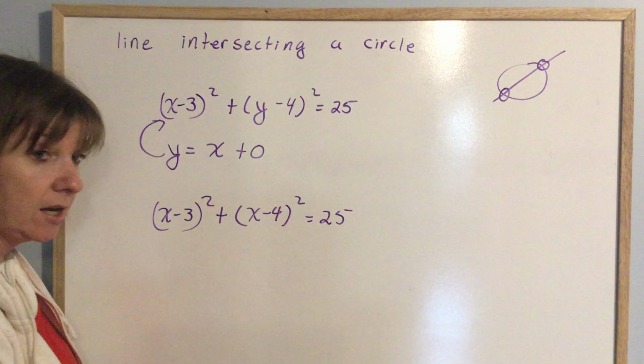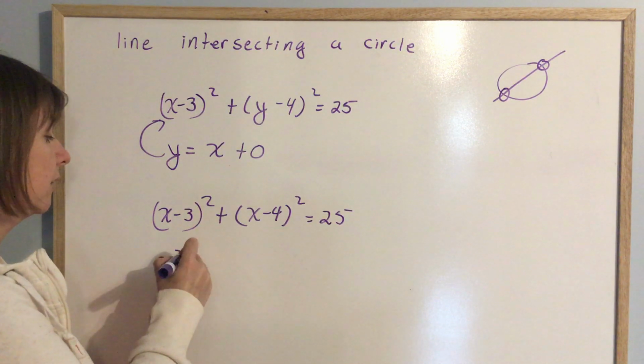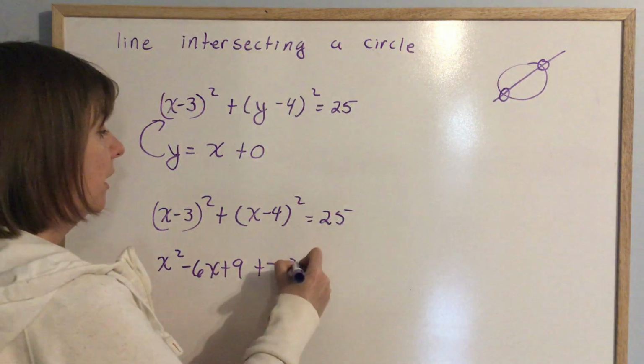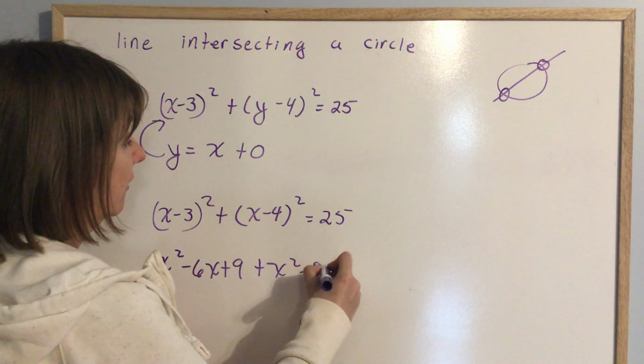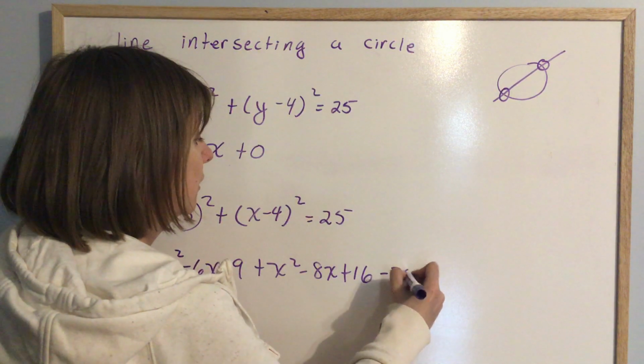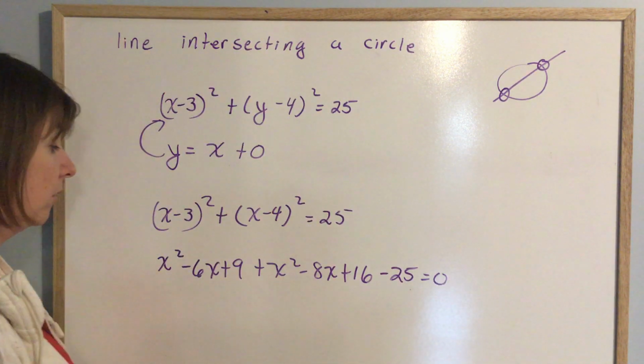Then I expand that out. So this would be x squared minus 6x plus 9. And this would be x squared minus 8x plus 16. And I move the 25 over. Minus 25 is equal to 0.